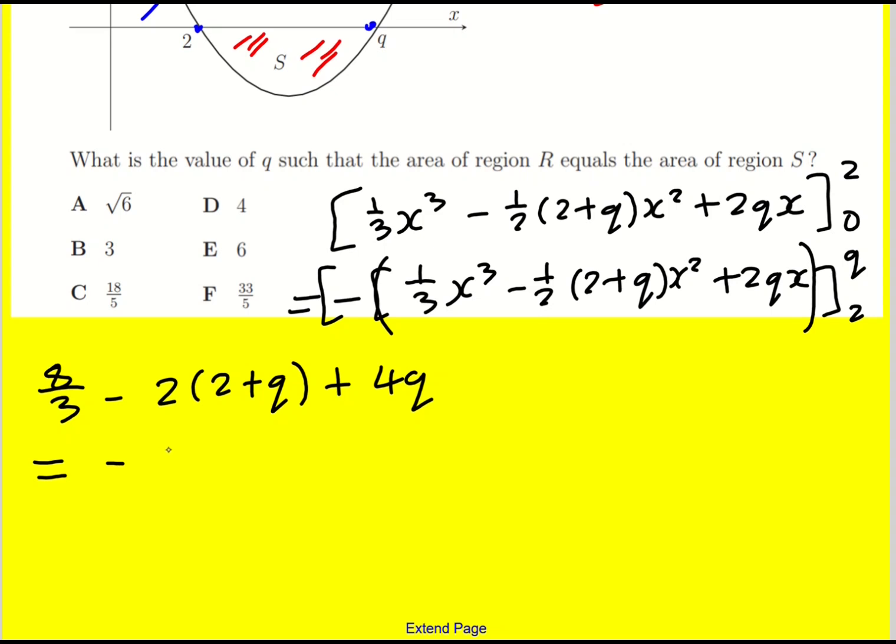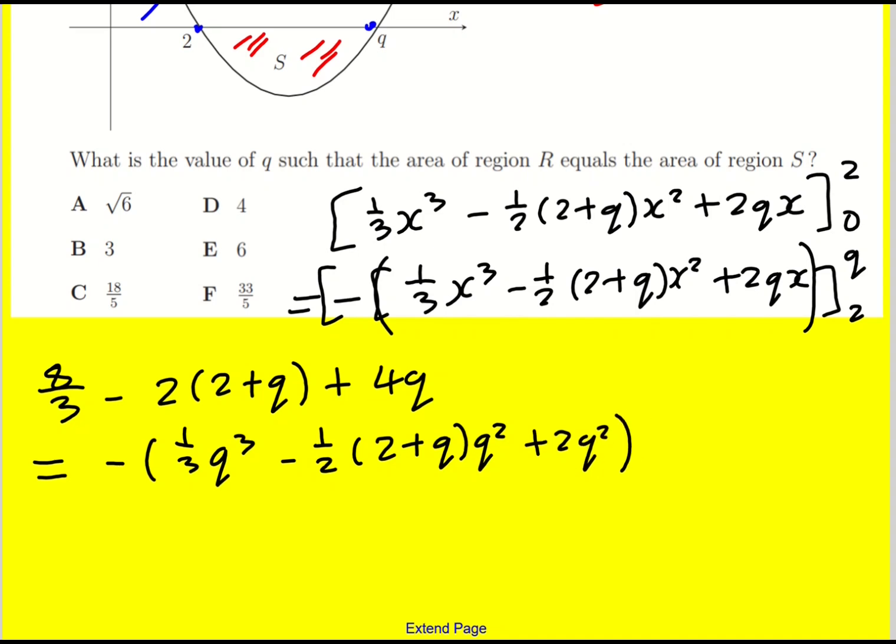So minus a third q cubed minus a half (2 plus q) times q squared plus 2q squared. Then I will be minusing minus, so it's going to be the same thing as before, 8 over 3 minus 2.